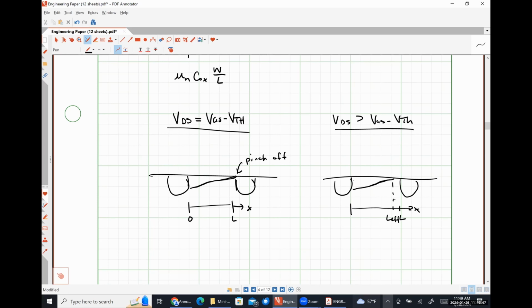Okay, so let's think about things here. These are NMOS transistors. If we assume that our source is at ground, just for the sake of argument, and our body is at ground as well, we have an unbiased PN junction right here.